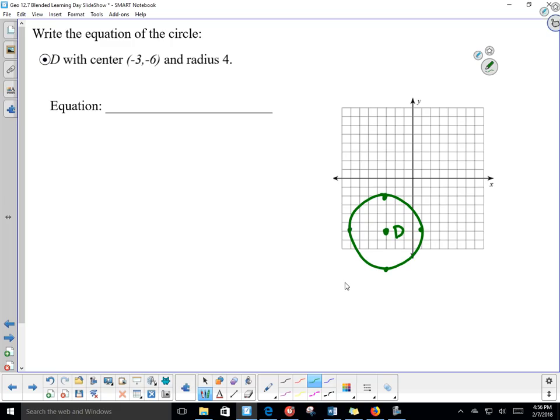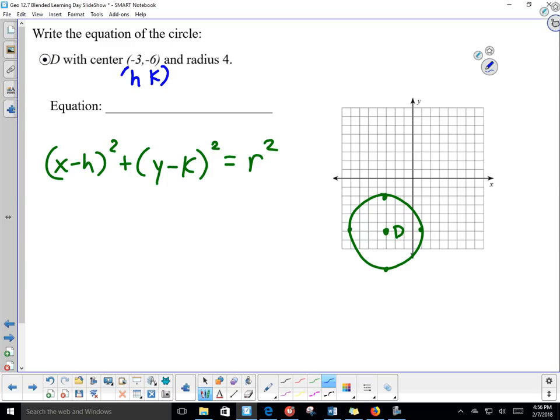In general, the equation is x minus h quantity squared plus y minus k quantity squared equaling radius squared. And so if you're noticing, the h is negative 3 and the k is negative 6 because the center gives us our h and our k. So we're going to plug in negative 3 for the h and negative 6 for the k.